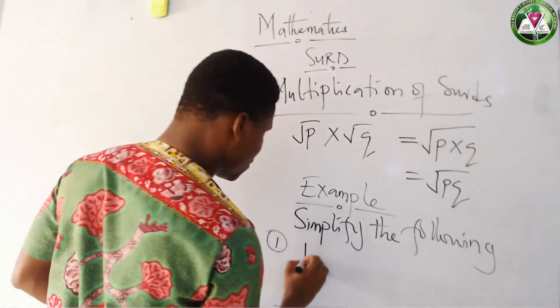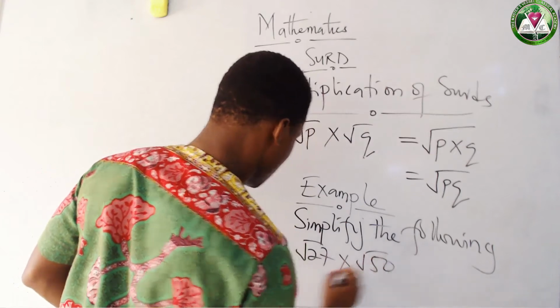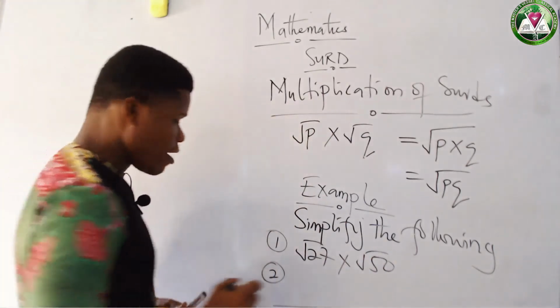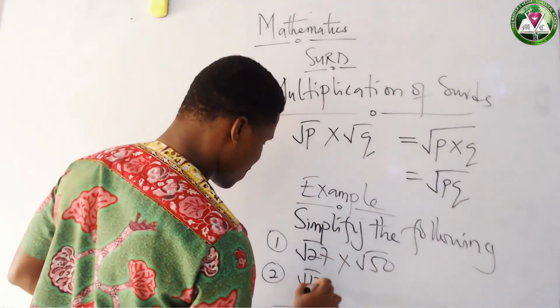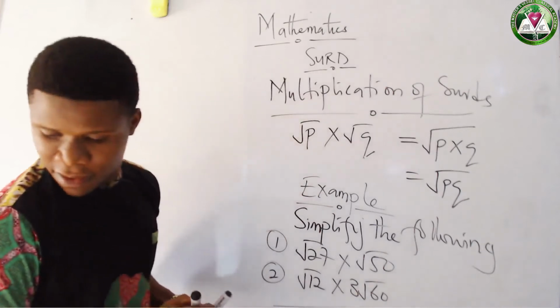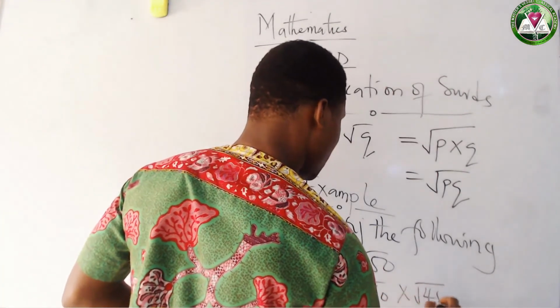We have root 27 times root 50. We have root 12 times 3 root 60 times root 45.